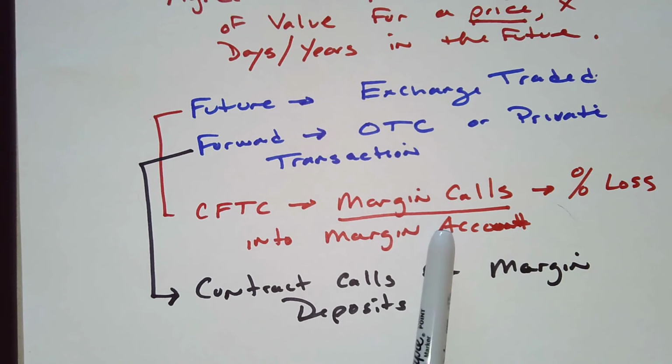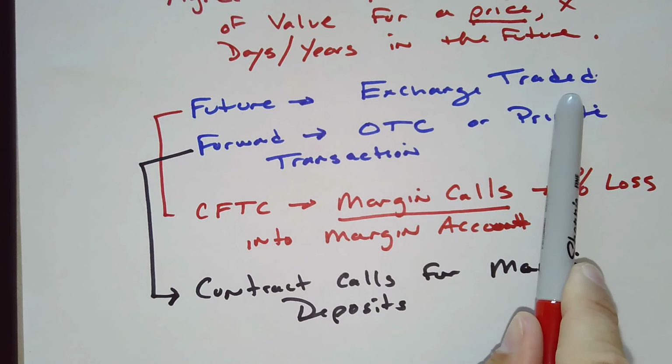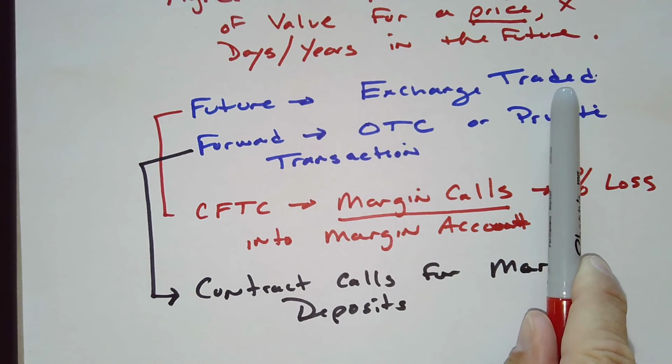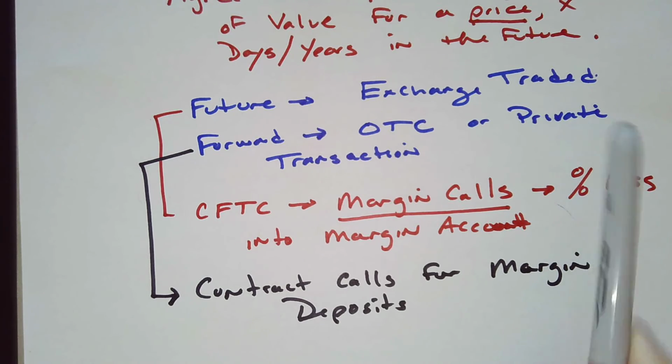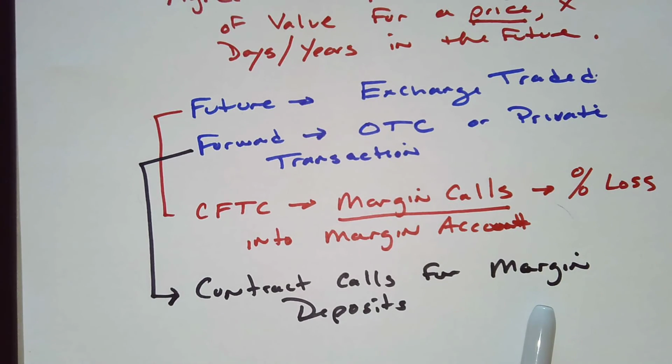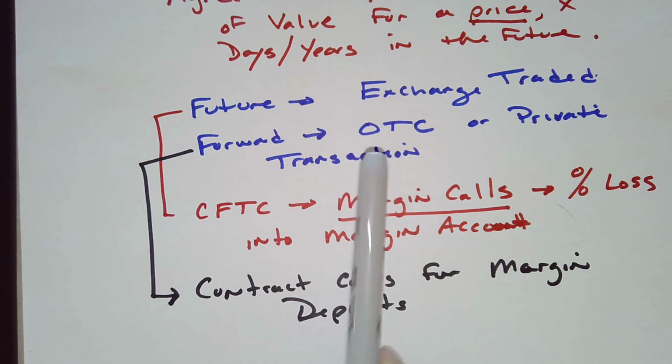And because there's liquidity in the futures contract, there's less volatility with respect to fair value. In the forward market, unless you have the contract calling for margin deposits, you have to consider when you determine the fair value, whether or not one of the counterparties may actually default. And now you have to factor in default risk. So that's the big difference between futures and forwards.